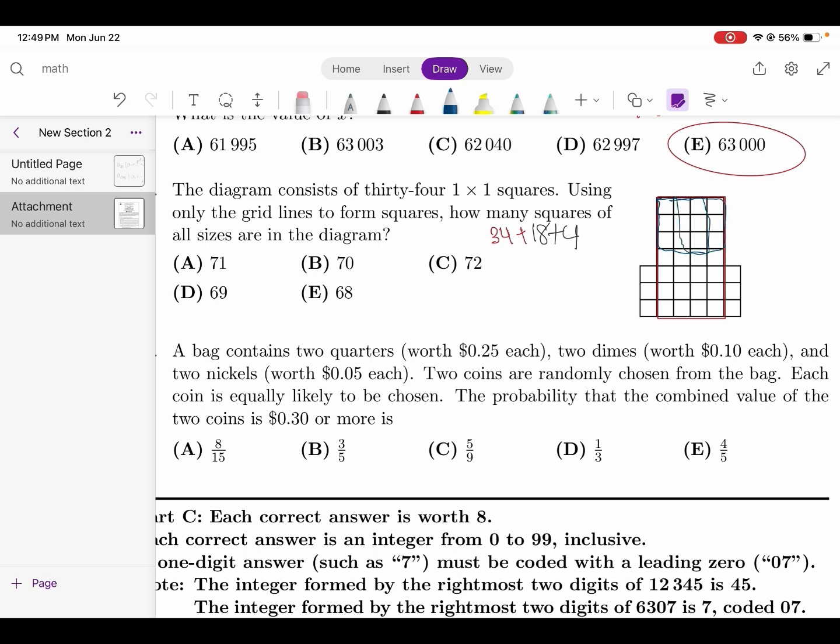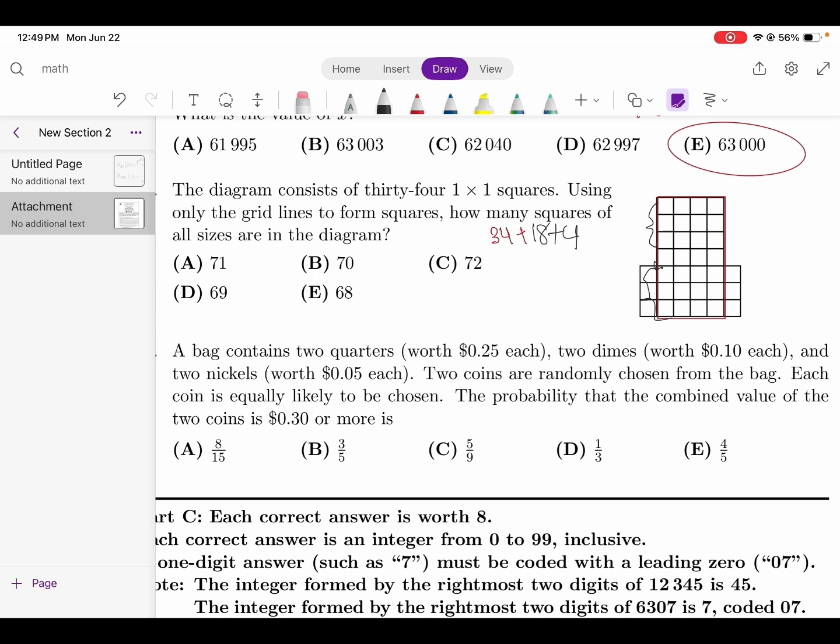So 2 3x3 squares per 3 adjacent rows, and then there would be that until that, which is 1, 2, 3, 4, 5 sets of 3 adjacent rows.